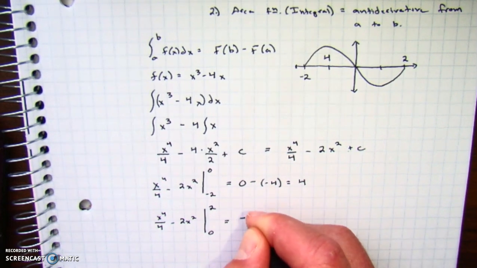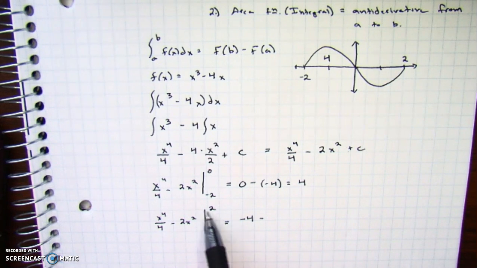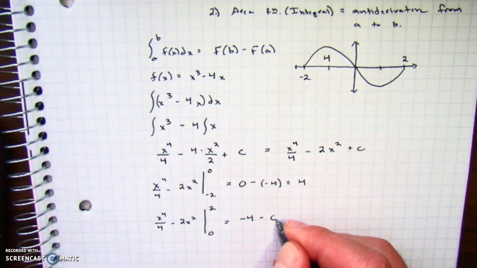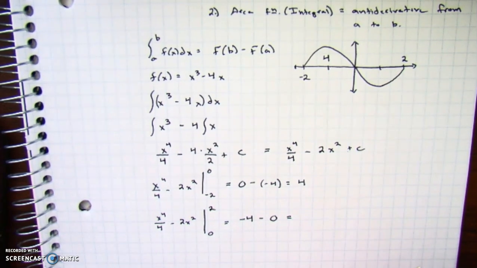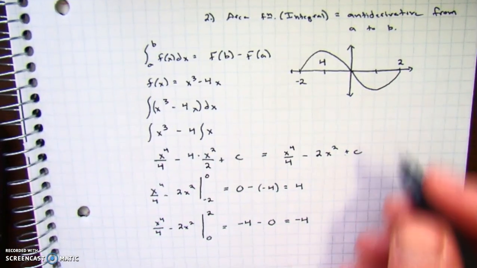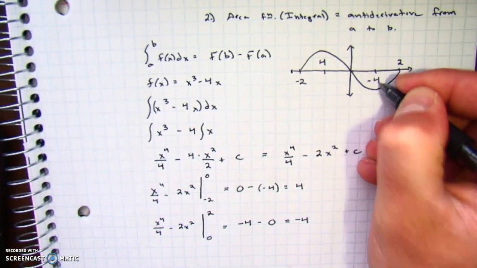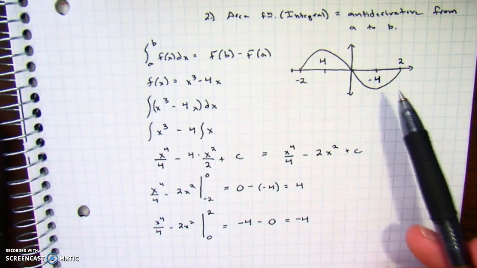So I've got -4, because remember, you figure out the top one first, then you subtract it from the bottom one. So I've got -4 minus 0. That's -4. So that means this area under this curve is going to give me -4.